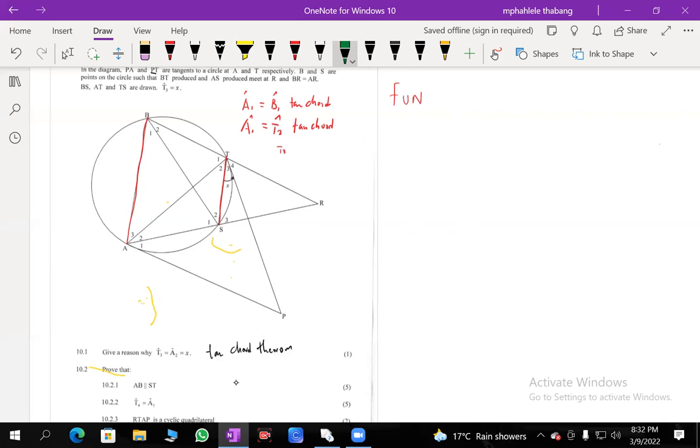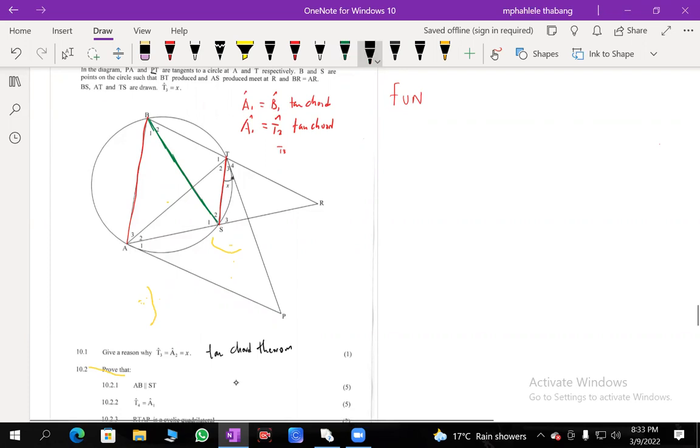Let me say this line BS. For now, I can show that AB and TS are parallel. I want to prove that they are indeed parallel.